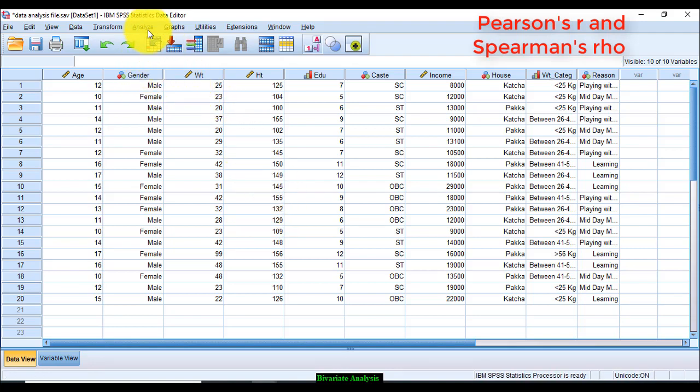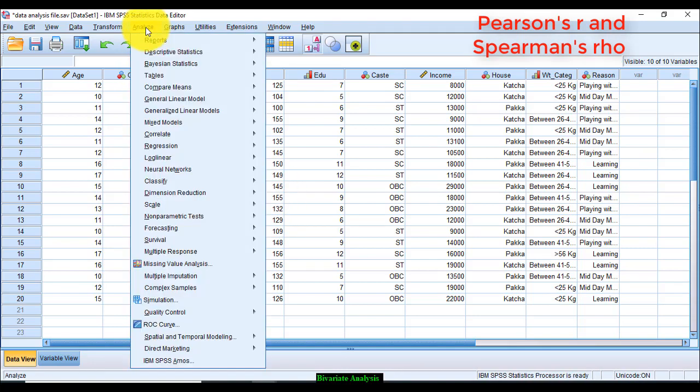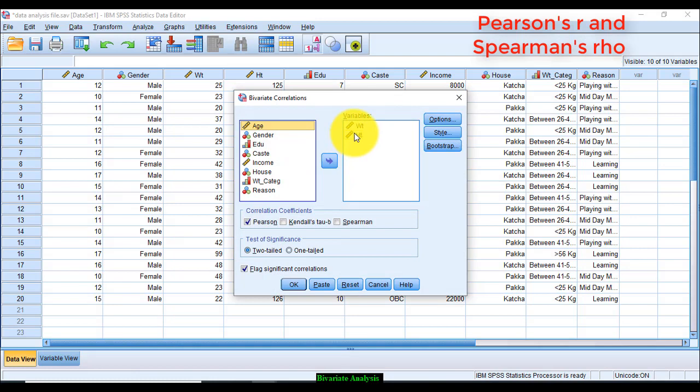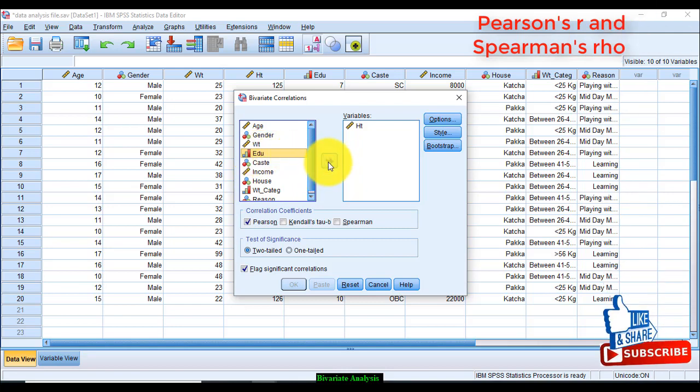How to get the Spearman's rho? Again, the same method. Go to analyze, correlate, bivariate. Now you transfer the ordinal variable and one scale variable to this variable box. So I will transfer the education level to this variable box.